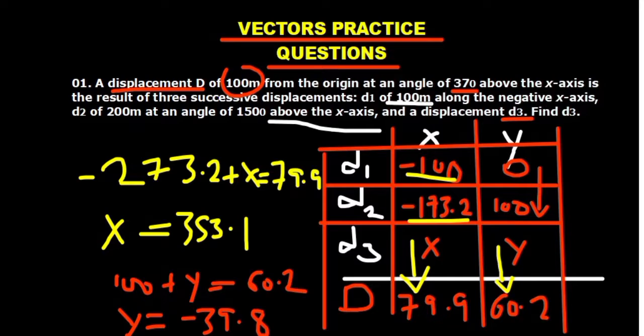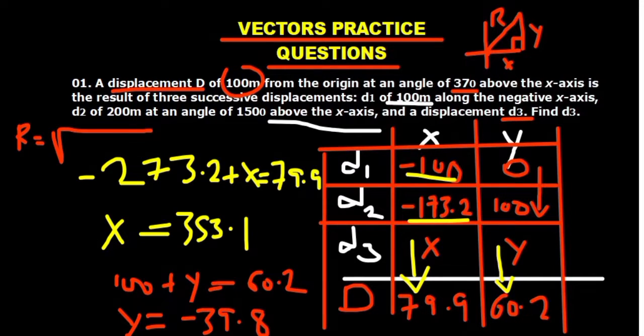So we've determined the x and y components of D3, but they want us to find the displacement itself. By now you should understand that this is a right-angle triangle, so you have your x and your y. To find the hypotenuse, it's the square root of the sum of the squares of the two adjacent sides. So in this case, to find the vector D3, we add up the components we've determined.